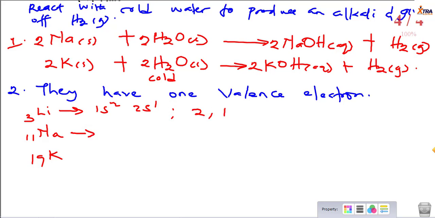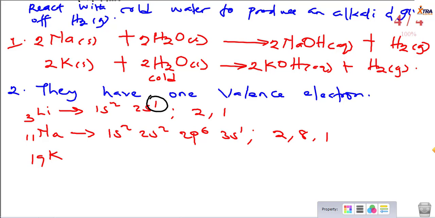Then what about sodium? Sodium has an electronic configuration of 1s2, 2s2, 2p6, 3s1. Or you say 2, 8, 1, right? And then you can do the same for potassium. What do you notice here? The outermost electron of lithium is located on the 2s orbital, and it's just one.